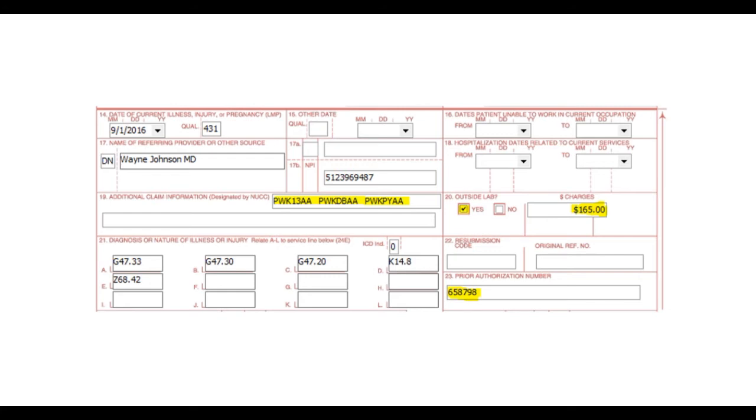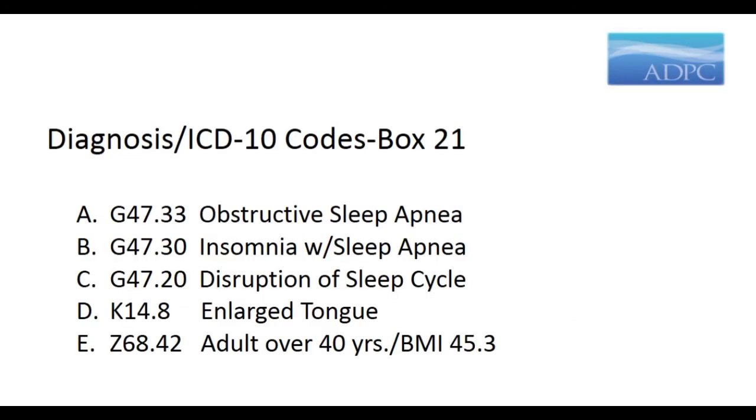In box 23, we put the prior authorization number, and that is the claim number or the call number that we received when we called for authorization. In box 21, we put the ICD-10 or diagnosis codes, and these are the 5 codes that we will be using for this example claim.